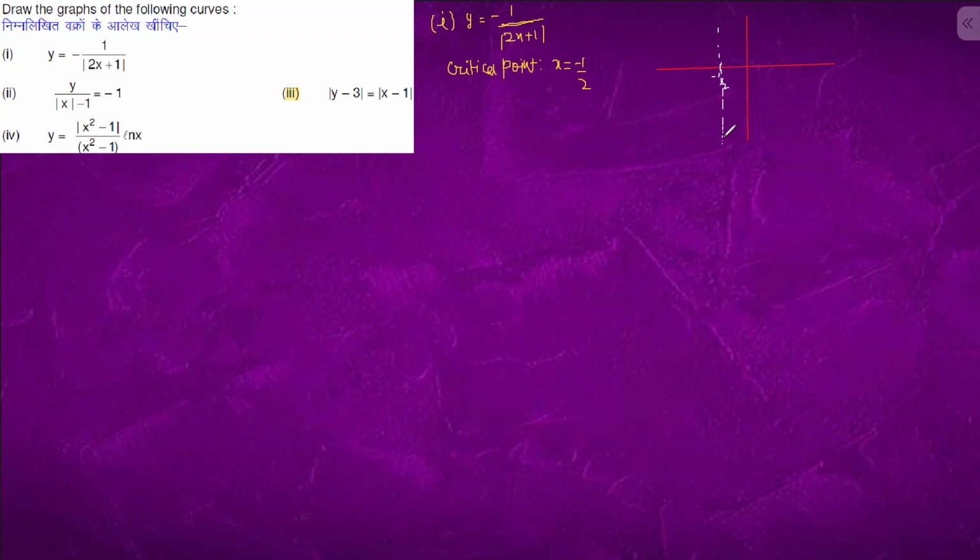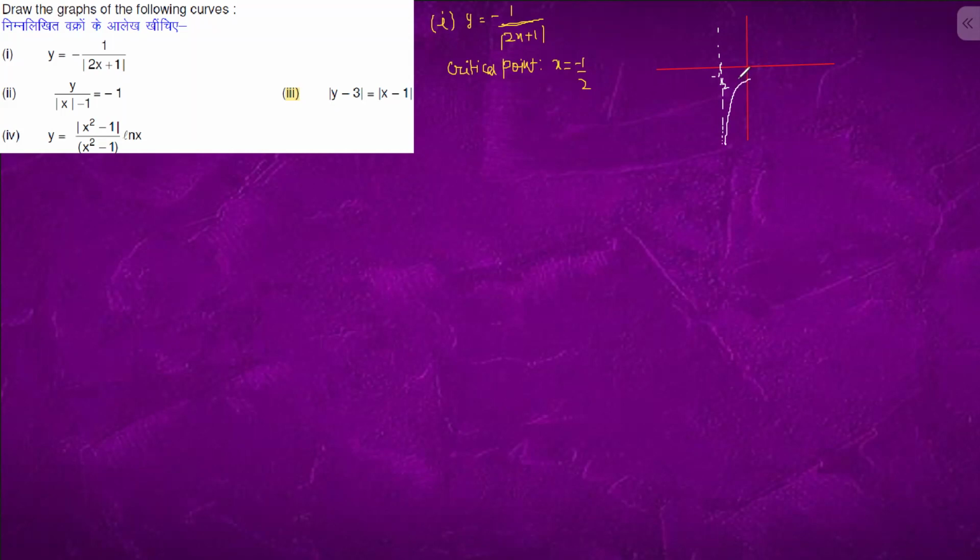So if x is minus 1 by 2 plus something, it will come out to be 1 by 0, somewhere infinity. So this will become minus infinity. And when x is 0, it is minus 1. And when x is tending to infinity, it is near to 0.